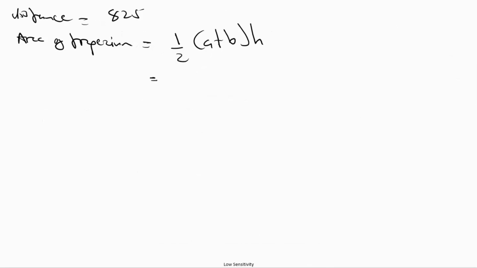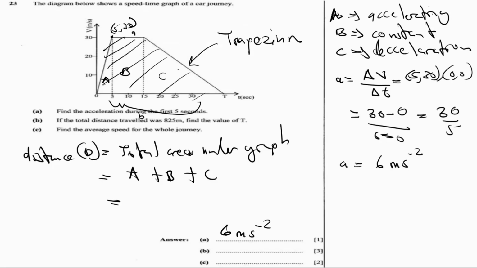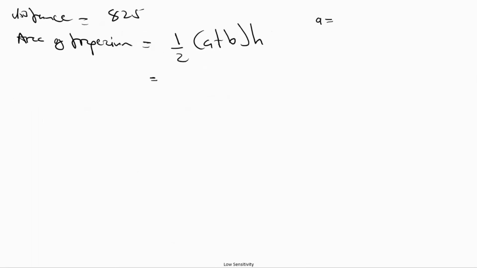So let's do that. A is going to be the length between 5 and 15. So A is going to be 15 minus 5, which is equal to 10.